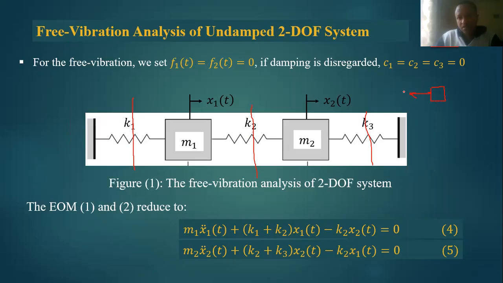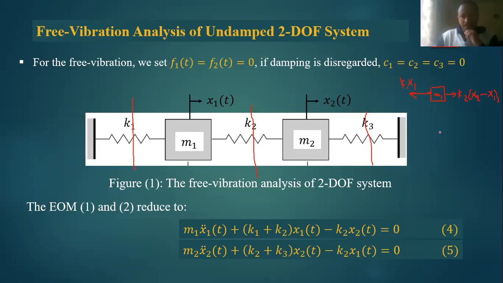Let the arrow be in this direction. So k1 x1 is the force in this direction, and k2 times (x2 minus x1) is the force for the first mass. Consider this one as mass 1, m1.